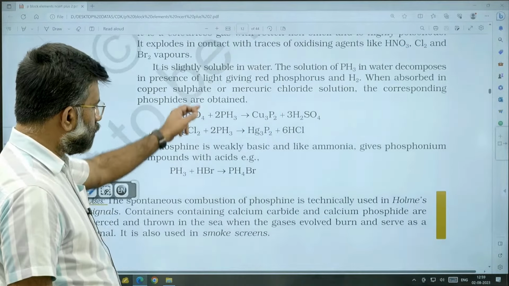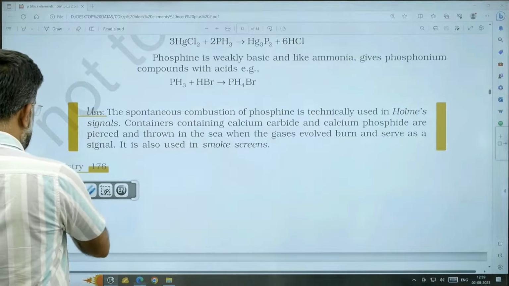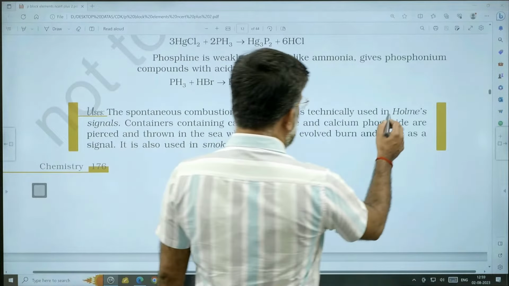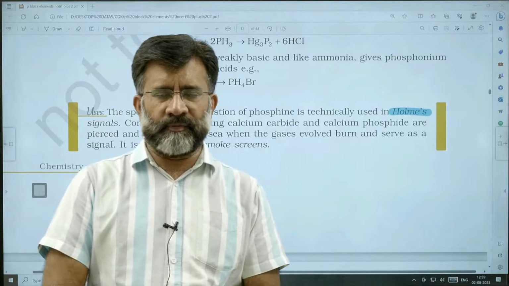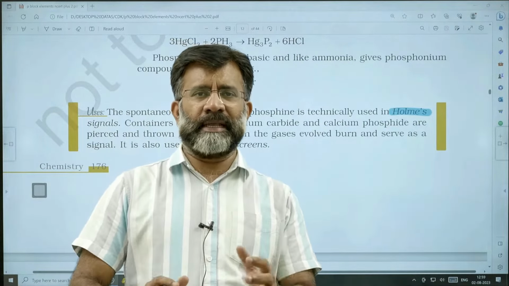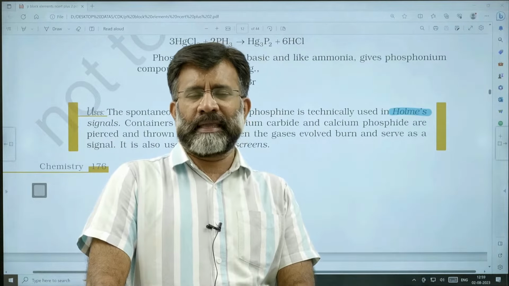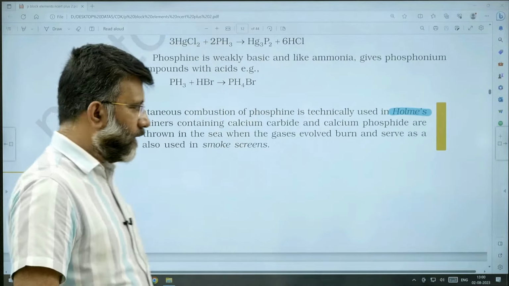If you go through the uses, you can find a talk on Holmes signal. What is Holmes signal? In warships and similar places, there will be steel containers filled with calcium phosphide and calcium carbide.